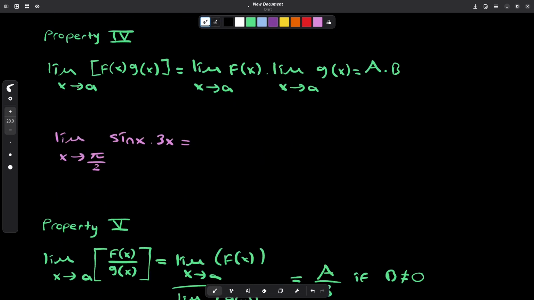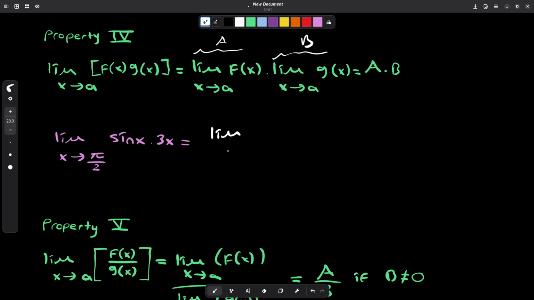Property number 4. The limit of f(x) multiplied with g(x) as x approaches a can be written as two separate limits again. Of course, our answer will be a multiplied by b. Again, we assume this limit is equal to a and this limit is equal to b, so therefore the answer is a multiplied with b. Example: the limit of sine x multiplied with 3x as x approaches pi over 2.